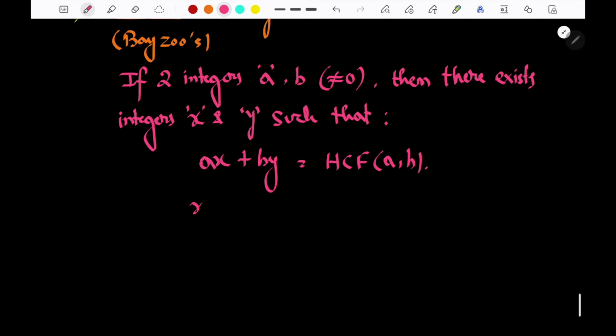These x and y are known as Bezout's coefficients.